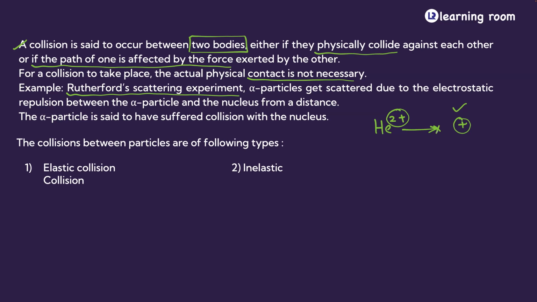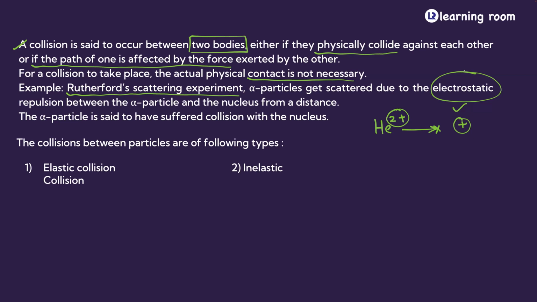Right? So alpha particles get scattered due to which force? We understood that the force is necessary. Here, this force is called the electrostatic force. So electrostatic force is something that exists between charges. So helium-2 plus is also a charge. Nucleus also has charge. Right?